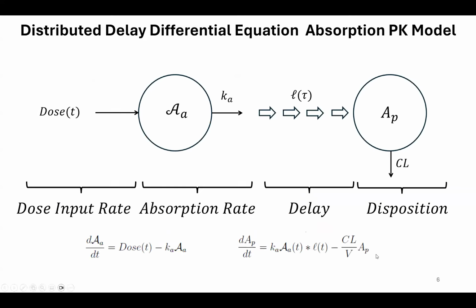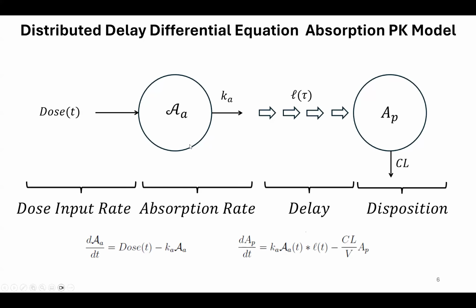So that pretty much allows me to introduce this diagram, which basically formalizes the previous slide. I have an absorption compartment with the dosing inputs with no delays to it. And then what happens is the output from that absorption compartment is delayed, and that is what enters the central compartment. So this mathematical trick allows me to do two things.